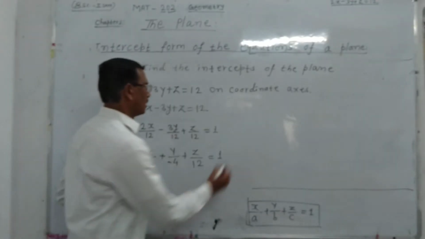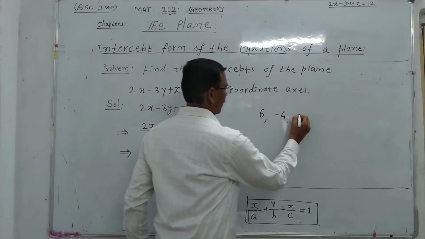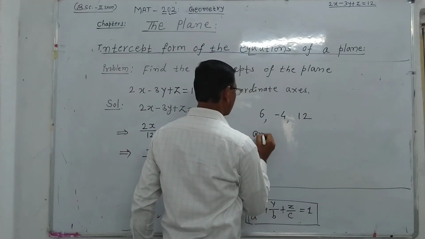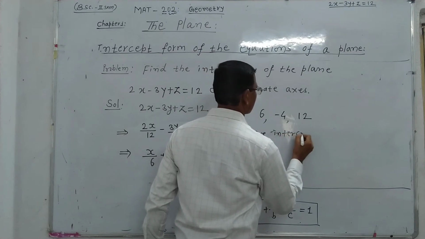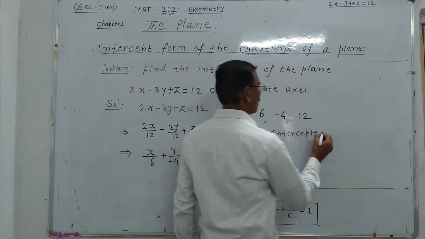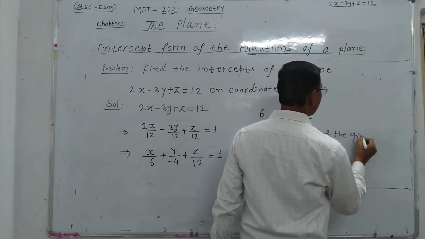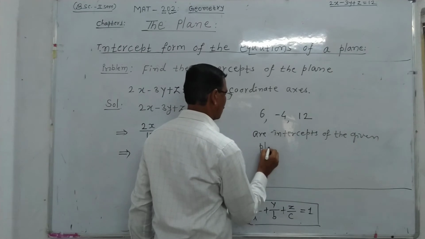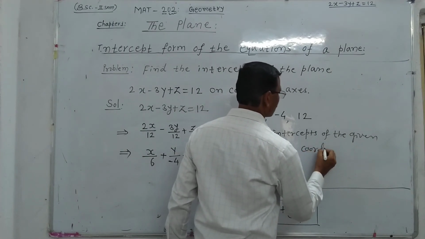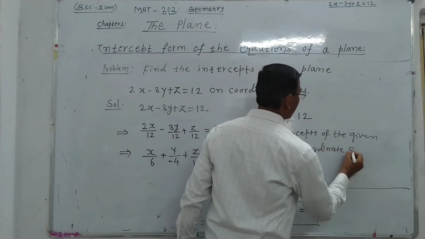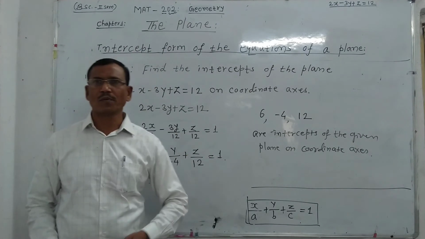And therefore 6, minus 4 and 12 are the intercepts of the given plane on the coordinate axes. This is the solution of the problem.